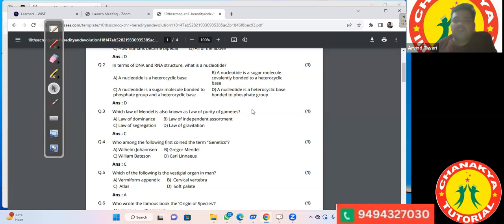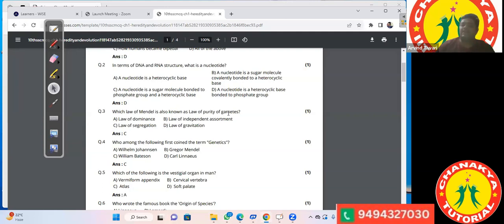So for this, you need to understand the structure of DNA and RNA. The full forms of DNA and RNA are deoxyribonucleic acid and ribonucleic acid. See, a nucleotide is a bond between a phosphate group and a heterocyclic base. That is your option D.